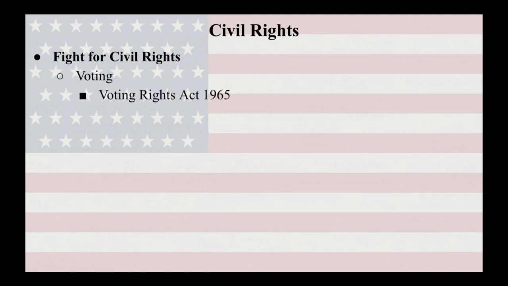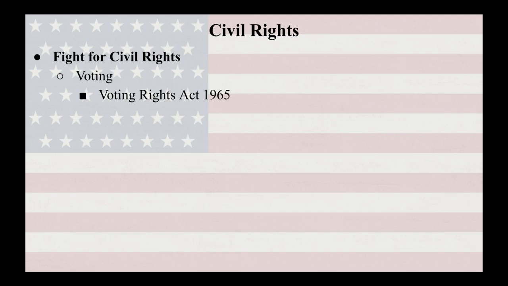The Voting Rights Act of 1965 barred literacy exams and other tests as a condition for voting in 6 southern states. So some of these barriers that were put into place that were really stacked against African Americans and poor people were removed, and so they could not create literacy exams.